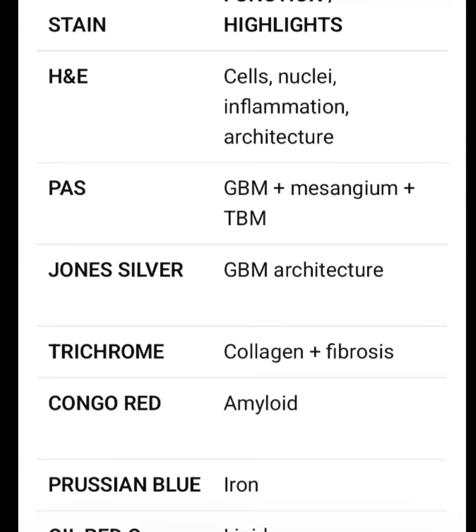And for eosinophils, it is Hansel and Wright stain. So you should be aware of all these stains.